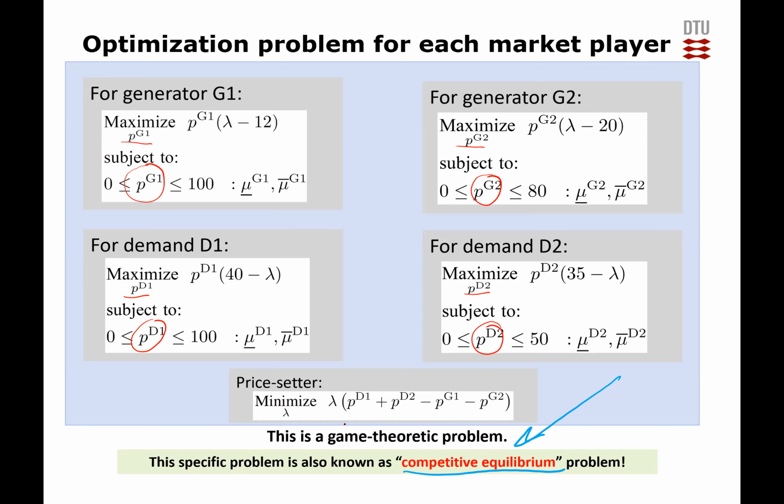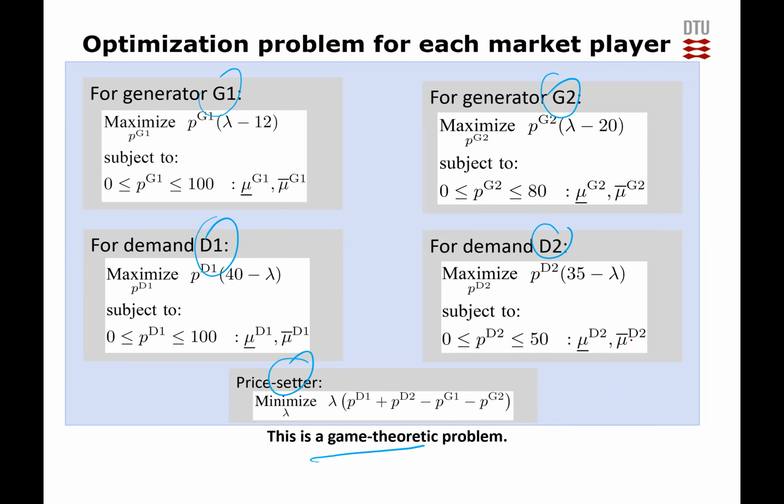So this is Nash equilibrium. And this is why I wrote the coupling constraint in the form of the price setter, just to clarify that the competitive equilibrium is a Nash equilibrium. It's not a generalized Nash equilibrium. Okay? Very good. So it's not a generalized Nash, it's a Nash.